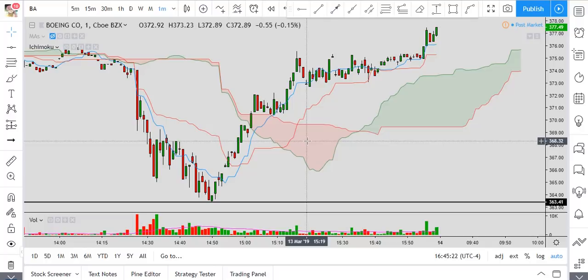I can't tell you what kind of trader you are as for the cloud, because everyone has different risk tolerances. But I can guarantee you that if you really try to learn it, you're going to love it. Some people put it on their chart and say, that's a lot of noise on my chart.